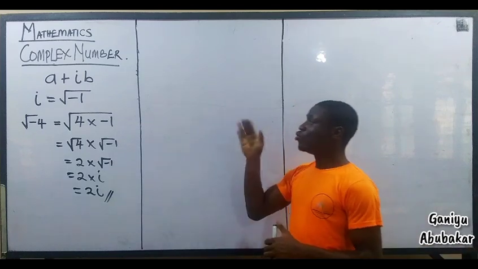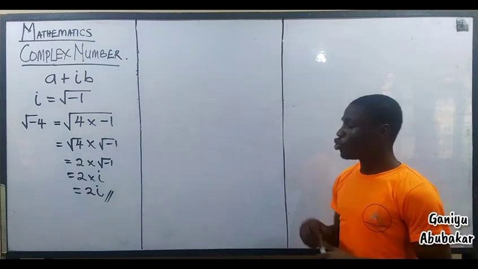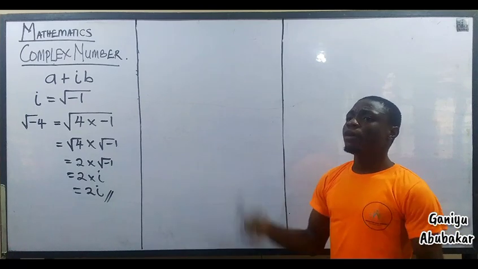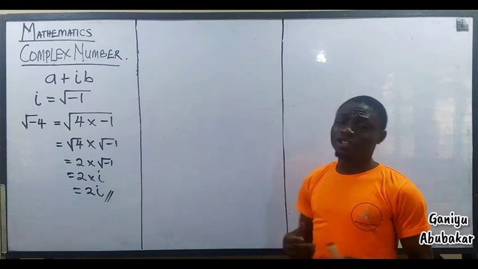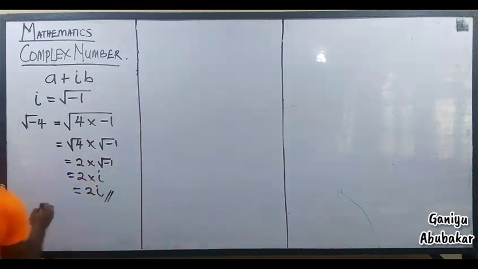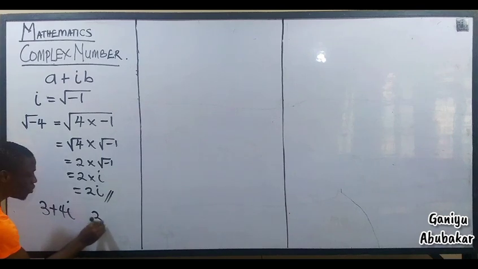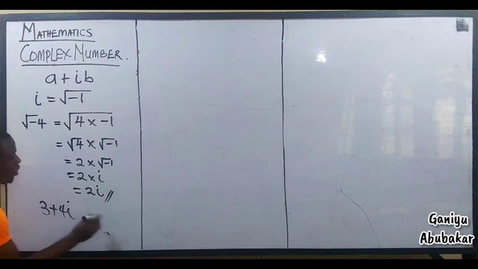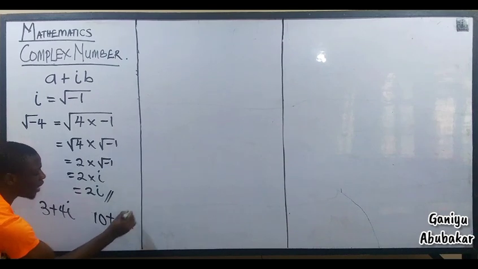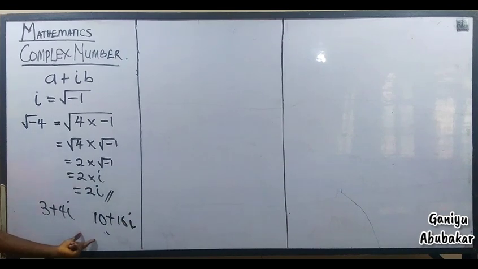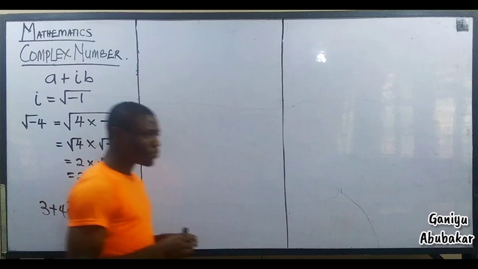For instance, root minus 4 is equal to 2i. Some examples of complex numbers are as follows. If I have 3 plus 4i, it's a complex number. If I have, let's say, 10 plus 16i, it's still a complex number.